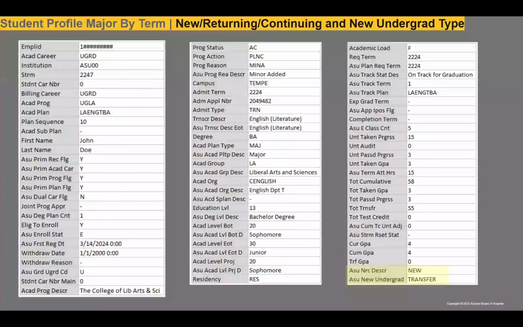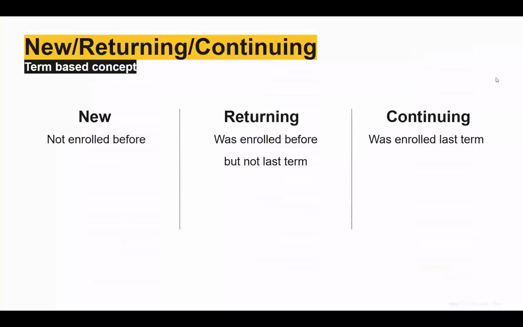Last is the fun part. It's the NRC and new undergrad status. So NRC means new, returning, and continuing. Again, I started off by saying this helps us tell a story about who the students are, how long they've been here, whether they stopped out and came back.